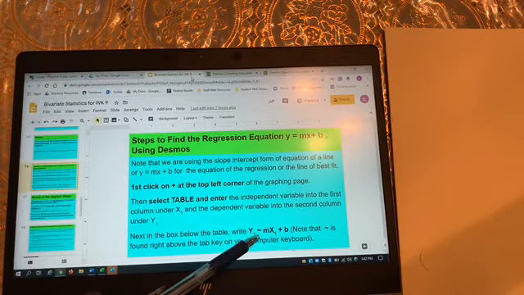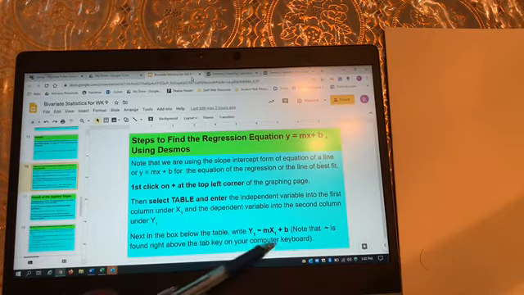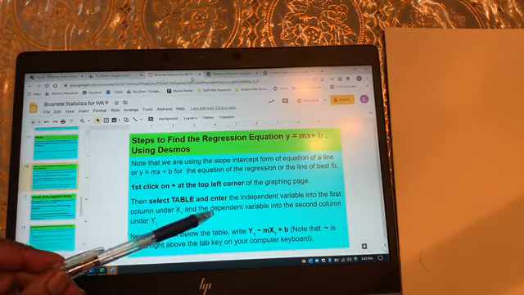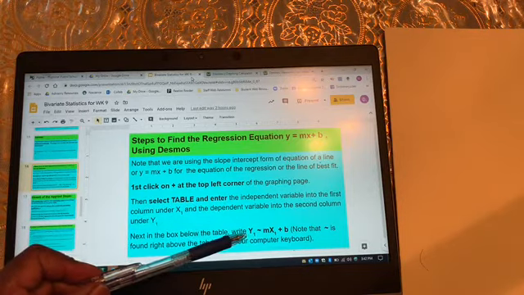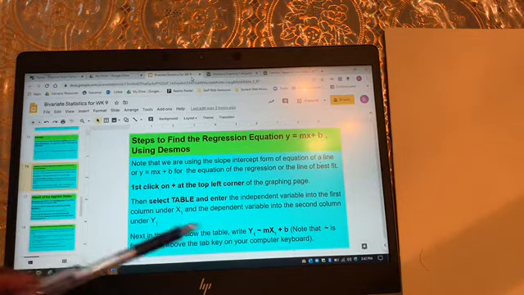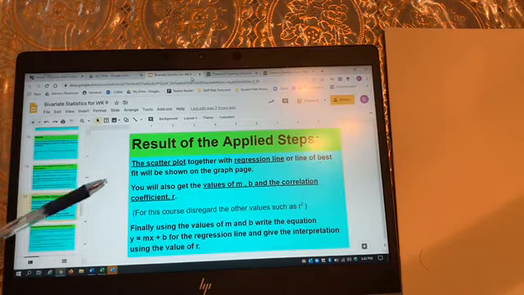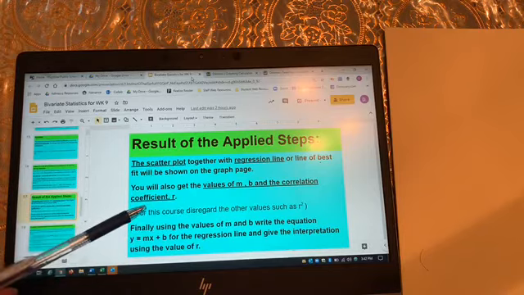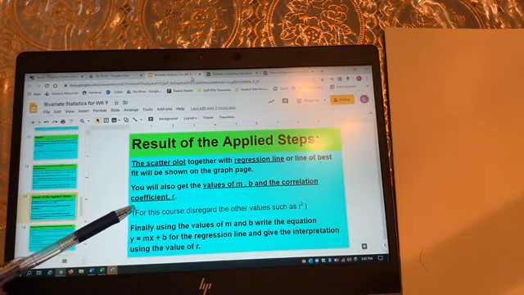It is found at the top left corner above the tab key on the computer keyboard. After we enter the data values in the table and write this, the result would be the scatter plot plotted for us with the regression line, and we'll also find the values of m, b, and the correlation coefficient.